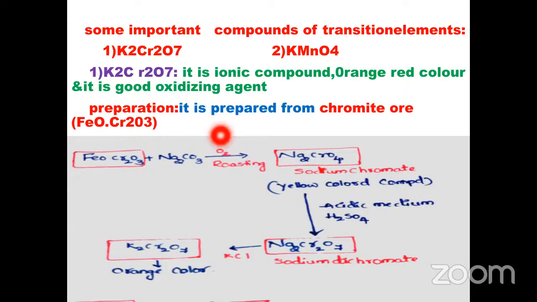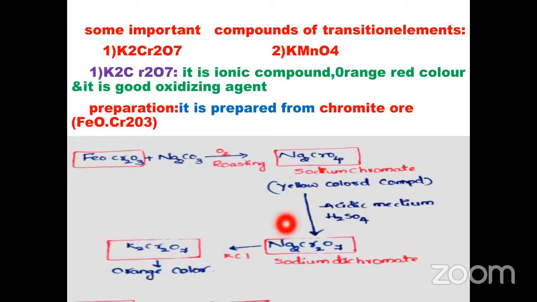It forms sodium chromate, that is Na2CrO4. It is a colored compound. Then in acidic medium, meaning addition of acid, the sodium chromate is converted into sodium dichromate, that is Na2Cr2O7. It is easily soluble in water.